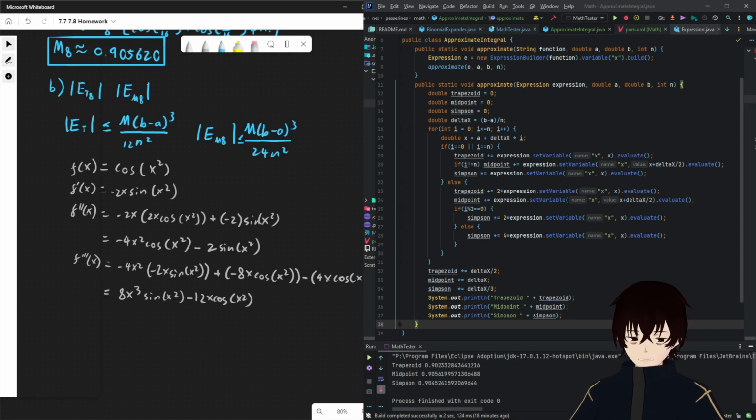Negative 2x sine x squared still makes sense.